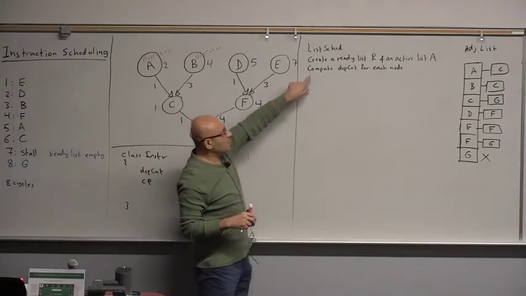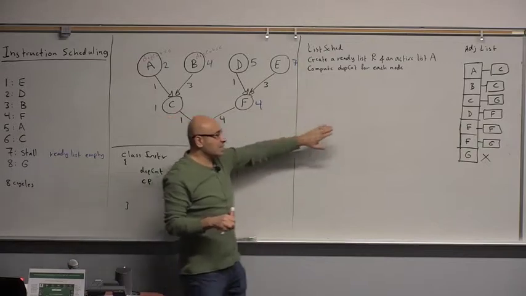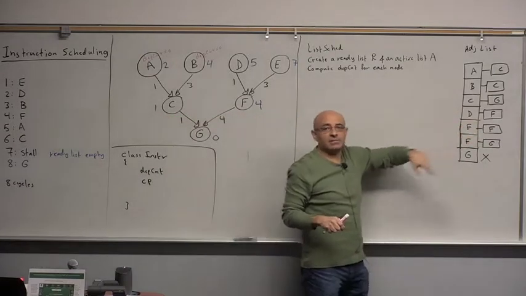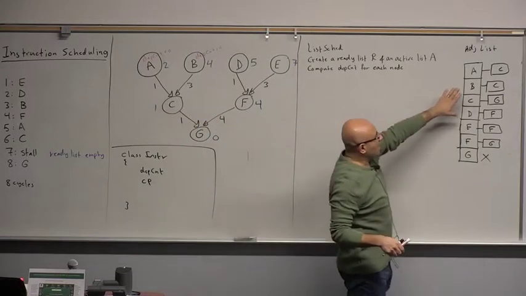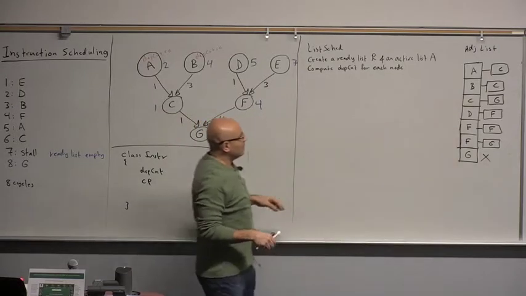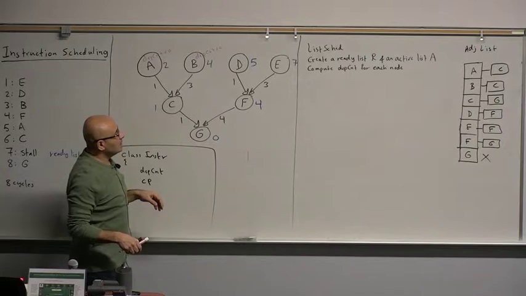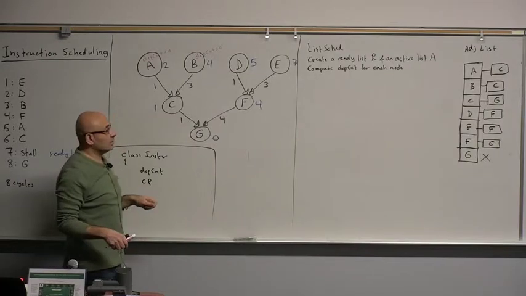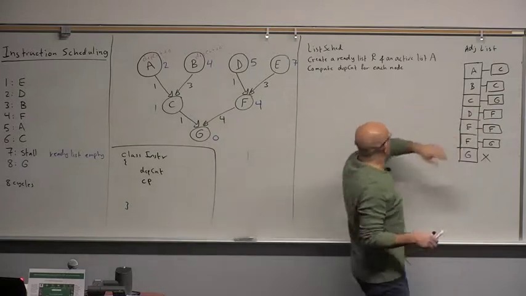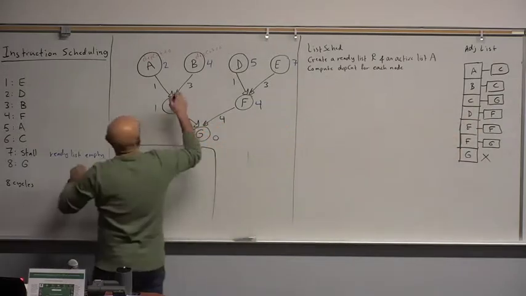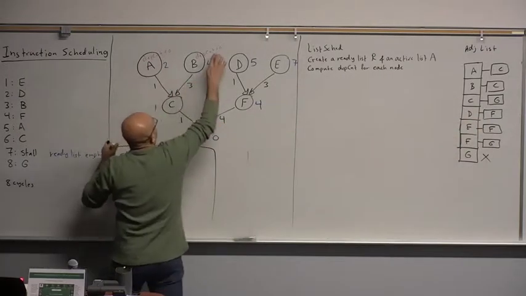Now this, we are writing this as a single line, but there is an underlying algorithm here. How would you compute the dep count given this adjacency list representation of the graph? So this is an adjacency list representation. How would you compute the dep count for each node given this? So look at this adjacency list. So the dep count is, let's write it in red.